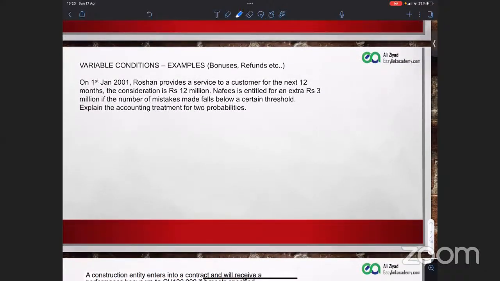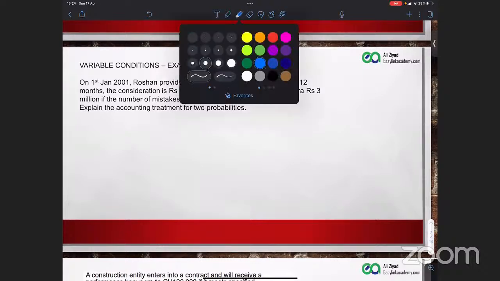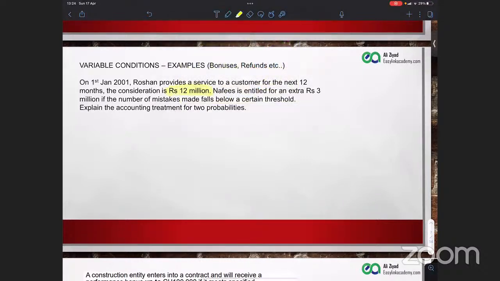Okay. Another instance when there can be a variable consideration is based on the outcome. Now look, read this with me. Roshan provides a service to a customer for the next 12 months. The consideration is 12 million. Basically, the price is 12 million.